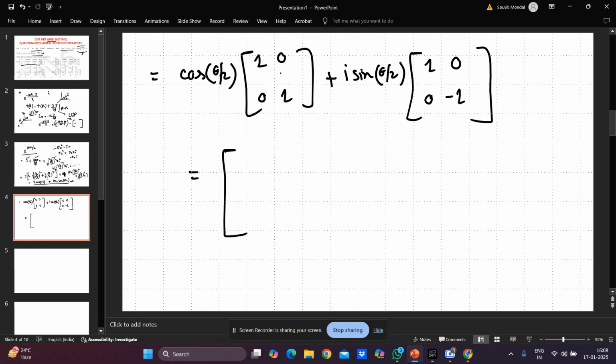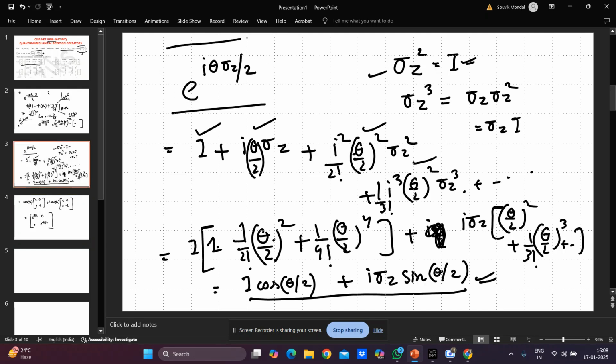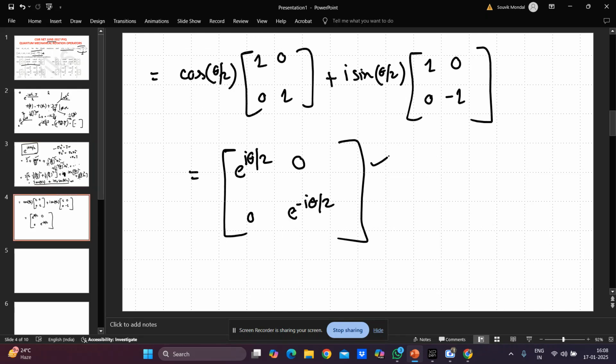In this case, you will get cos theta by 2 plus I sin theta by 2, that is e to the power I theta by 2, 0, 0, and e to the power minus I theta by 2. So your entire thing is nothing but a 2 cross 2 matrix, that is this.